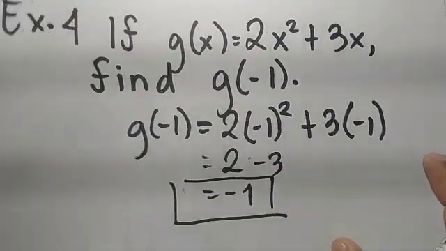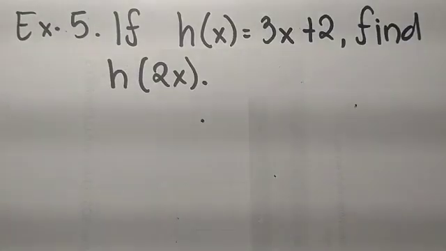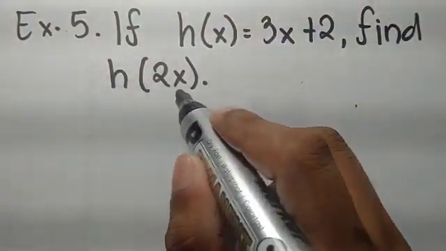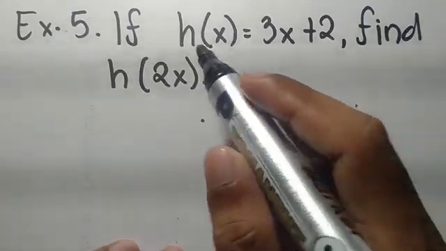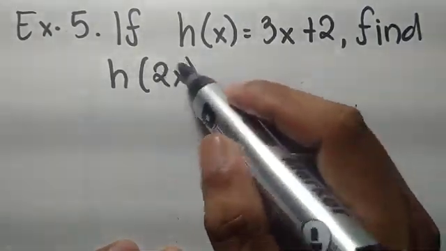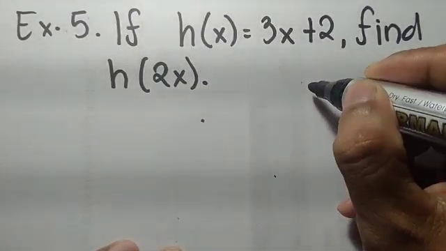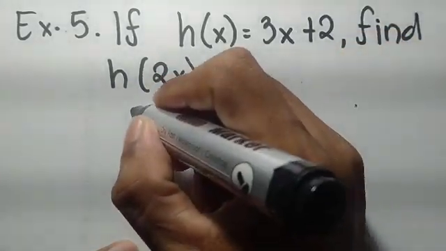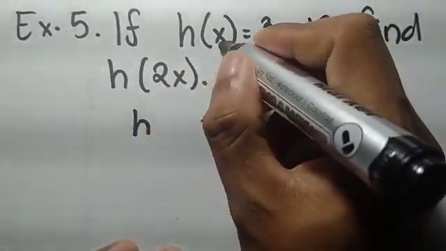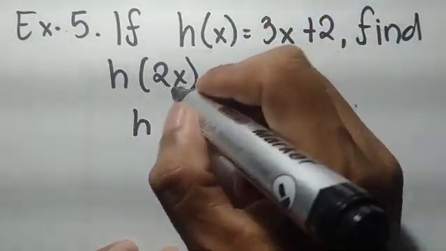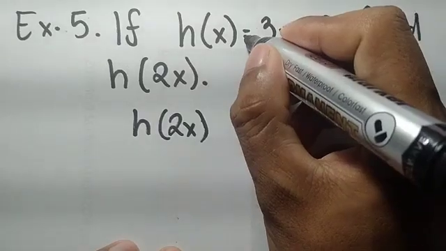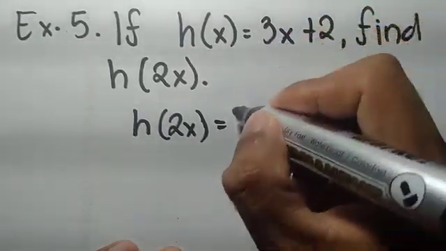Okay, example 5. If h of x equals 3x plus 2, find h of 2x. As you can see here, the value of our x is 2x. So instead of writing h of x, we write h of 2x, so this x, you will replace by 2x. Then copy the equal sign. Copy the 3.